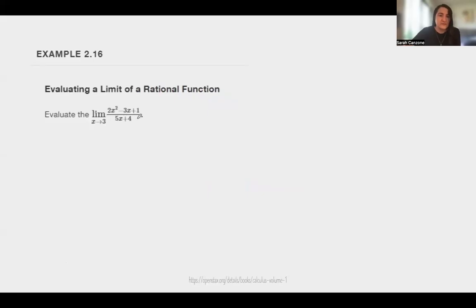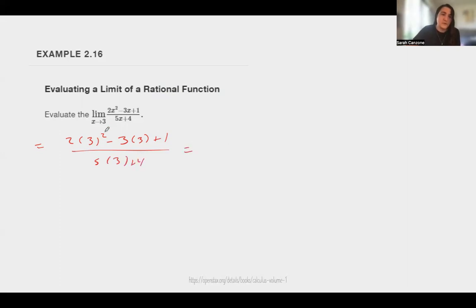All right, so let's go ahead and just apply that real quick. So we have the limit as x approaches 3 of this rational function. We will know once we plug it in if we have an issue. So let's try. Since this is approaching 3, we're going to just try plugging 3 in. So this is 2 times 3 squared minus 3 times 3 plus 1 over 5 times 3 plus 4.